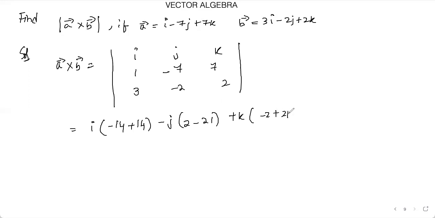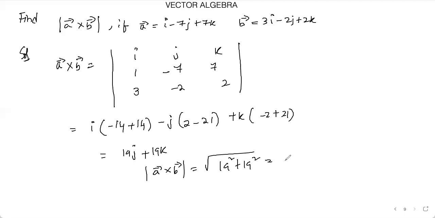So the first part corresponds to i, and you are left with 19j and 19k. Now the mod of this is 19 square and 19 square, which is 19 root 2.